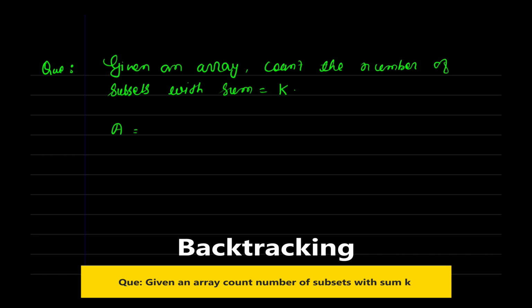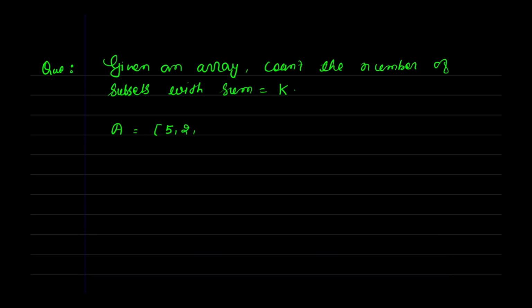Suppose our array is 5, 2, 7 and our k is 7. Here k is the required sum.